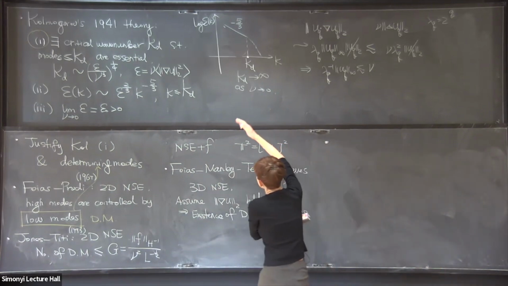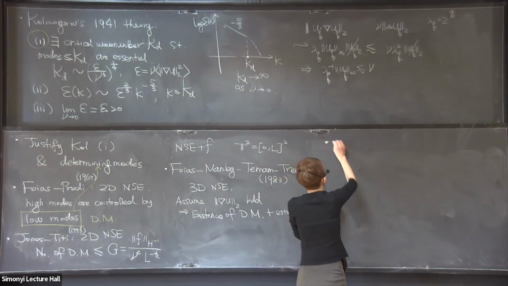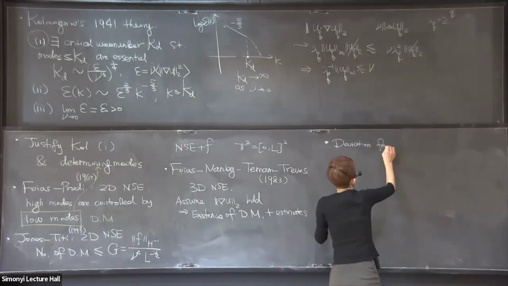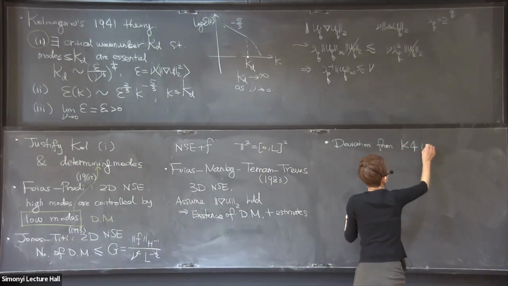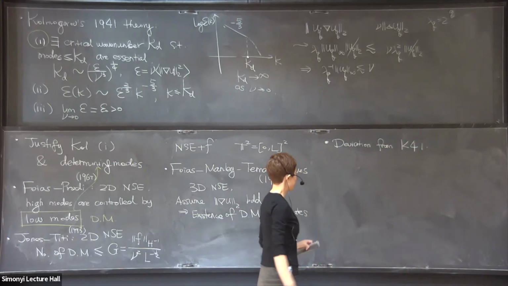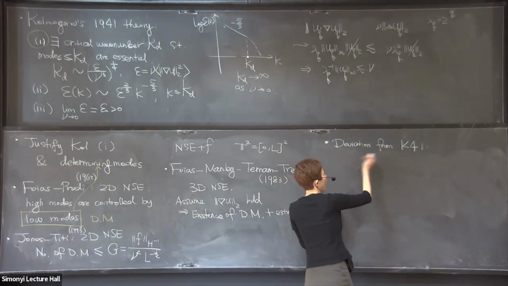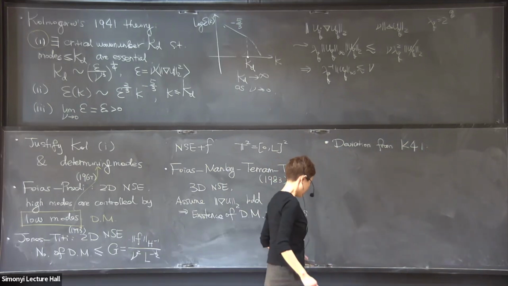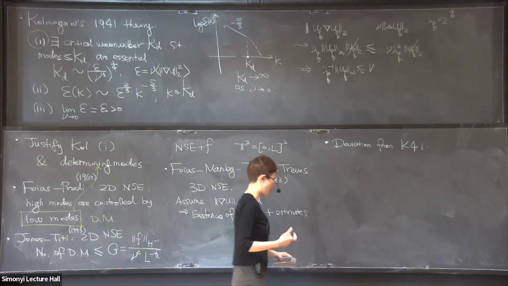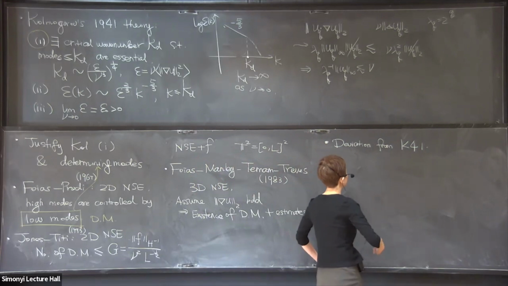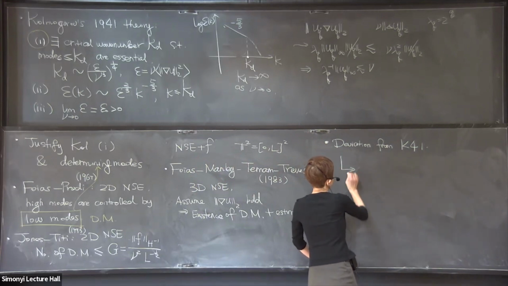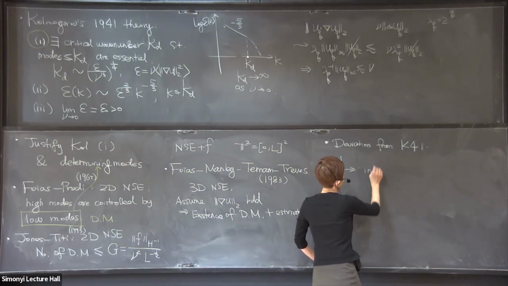After the K41 theory, there were experimental studies which showed deviation from the classical scaling. Such deviation suggests that there are fractal structures at fine scales of the dynamics, and it was captured by the notion of intermittency.